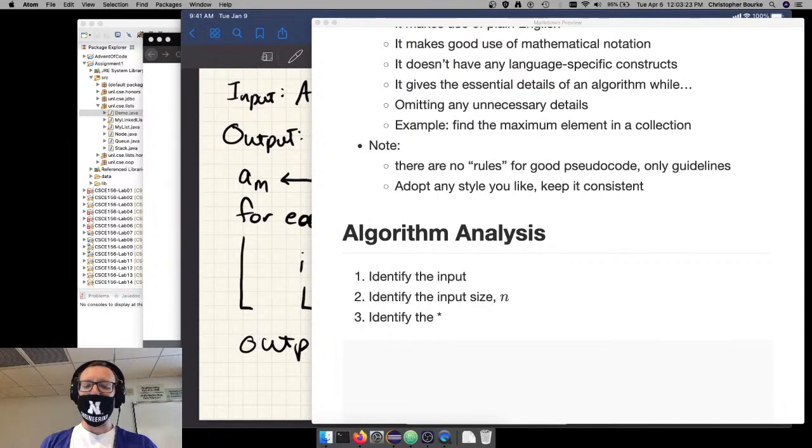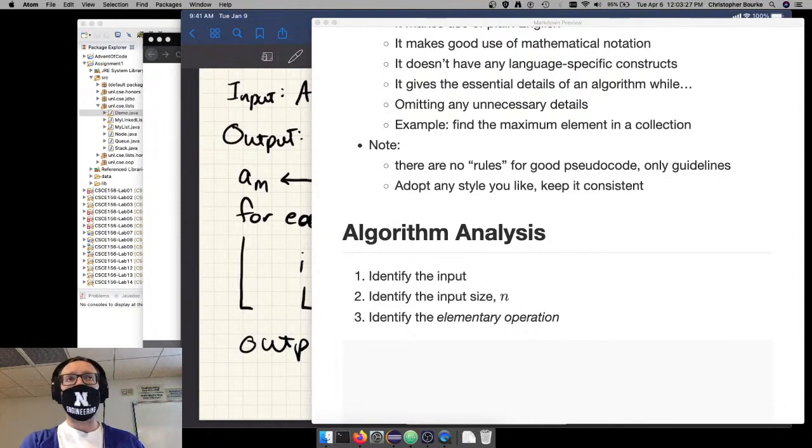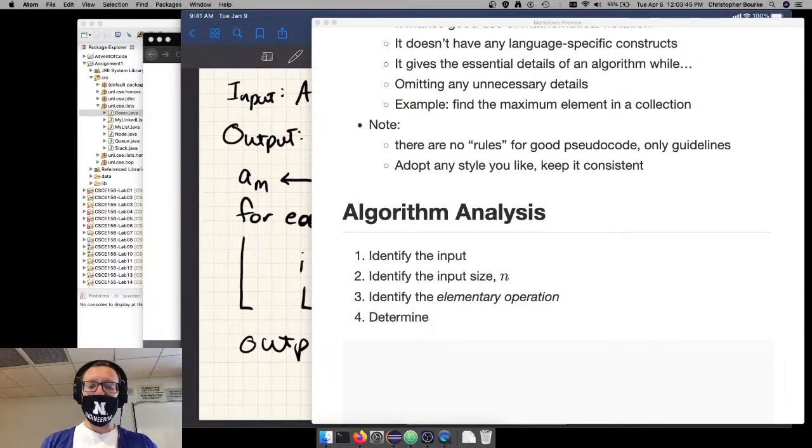You identify the elementary operation. The elementary operation could be the most common or the most expensive operation in your algorithm. There could be a choice of several different operations. You need to be a little bit judicious about which one you choose. All right. 4, you determine how many times the elementary operation is executed with respect to the input size.